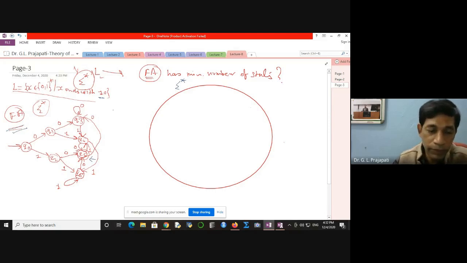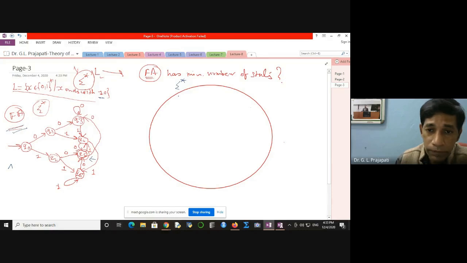If your FA ends in Q0, it means your input is null. You are starting from Q0 and your input is null, so the language of Q0 is the null string.